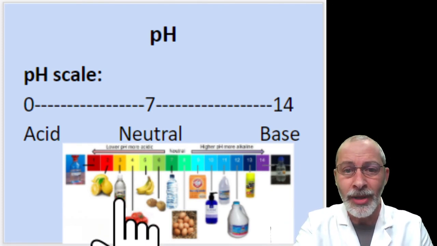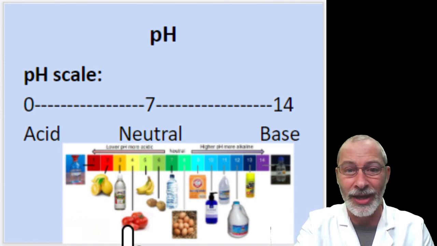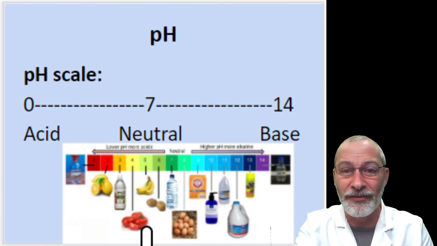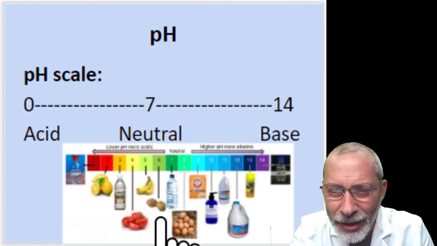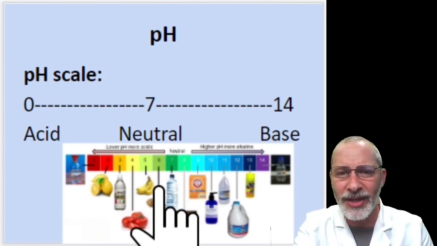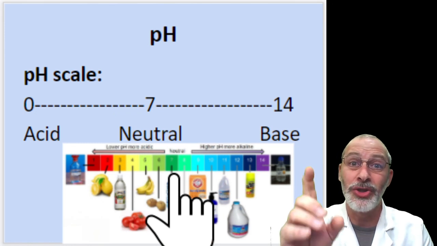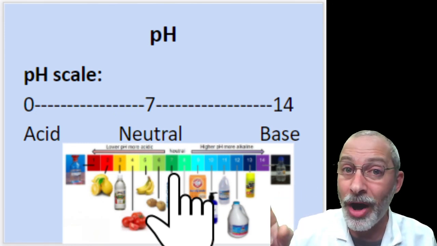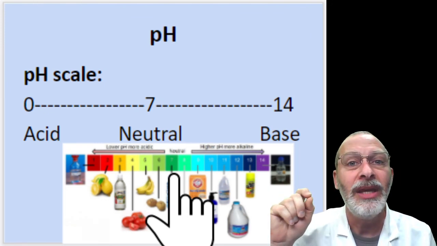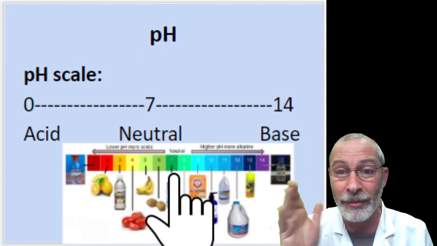Vinegar is also known as acetic acid, pretty acidic. Tomatoes, pH of 4. Bananas, pH of 5. What are those? Kiwis? I think they're kiwis. Kiwis, a pH of 6. And look at this, a bottle of water, a pH of 7. Because pure water, water with nothing else in it, is neutral. It has a pH of 7, right in the middle.